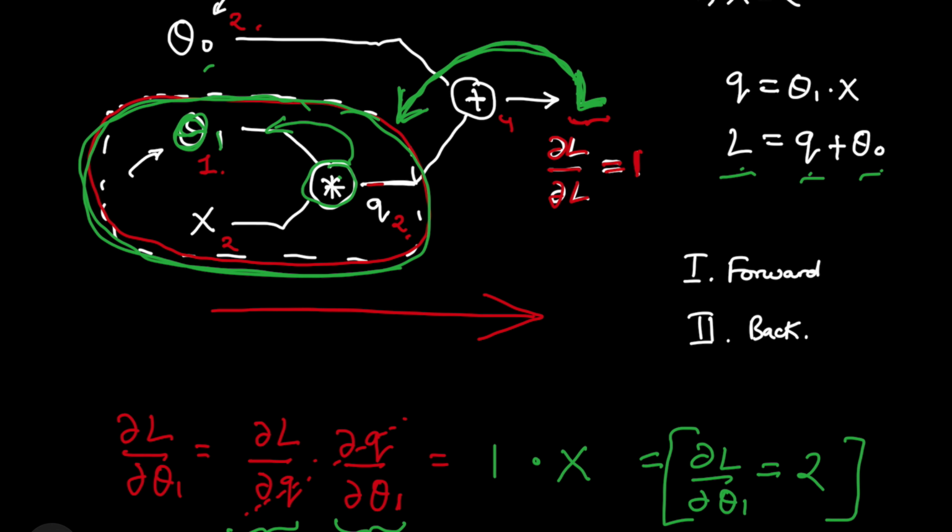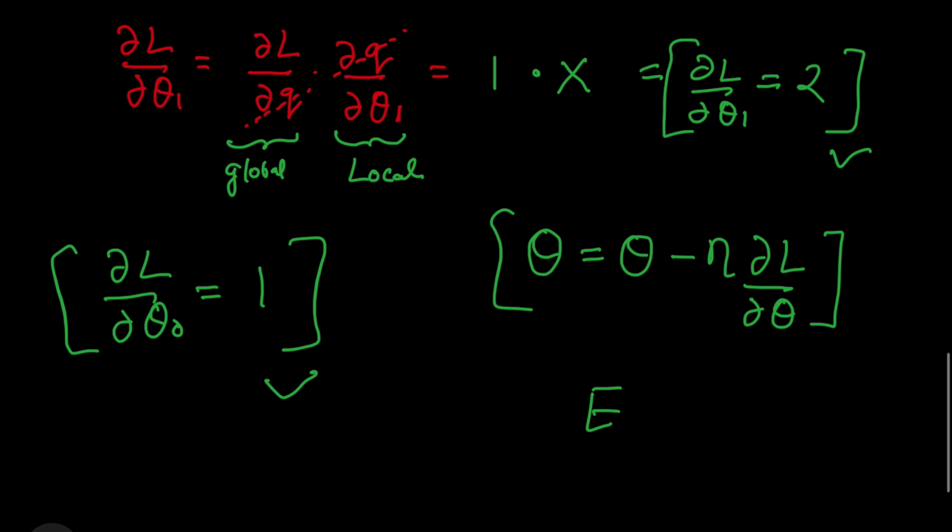We keep doing so until we get a much lower loss. There are also epochs, which represent the number of times we have to do this. Suppose epochs is 300, that means I need to do this 300 times. So that's how backpropagation works.